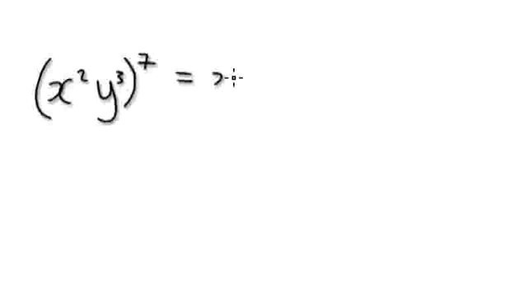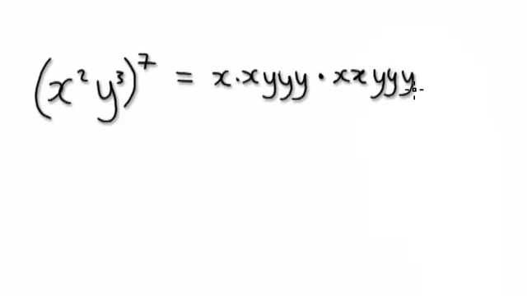If you have something like x squared, y to the power of 3, and then to the power of 7, that means y times by itself 7 times. So you've got to times it with x x y times x x.